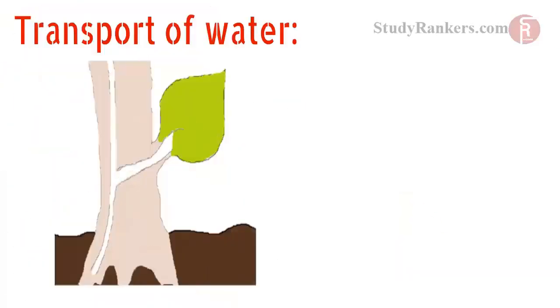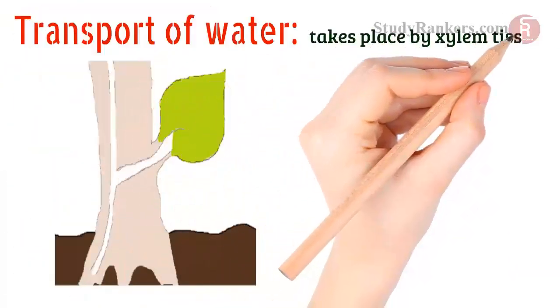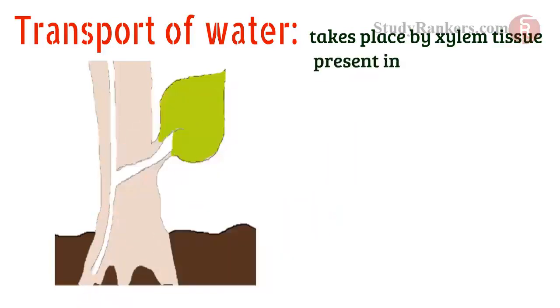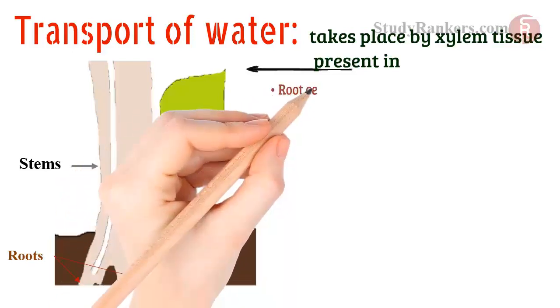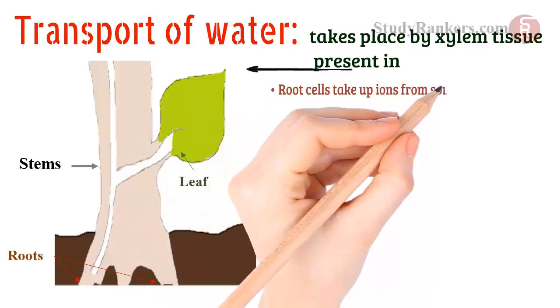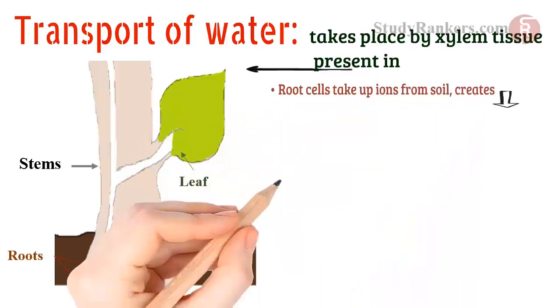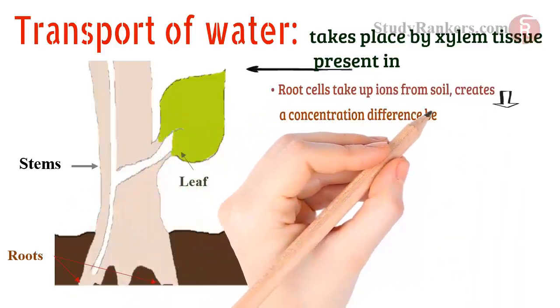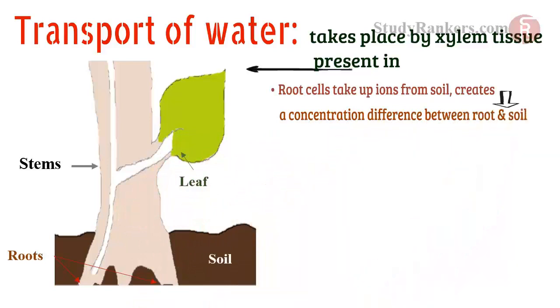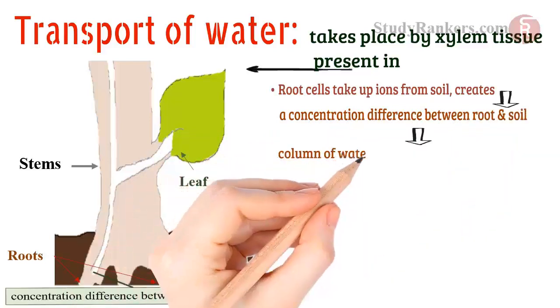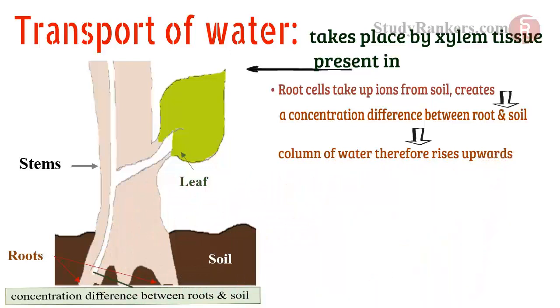Let's start with transport of water. It takes place by xylem tissue present in roots, stems and leaves, and is therefore interconnected. Root cells take up ions from soil, which create a concentration difference between root and soil. Column of water therefore rises upward.